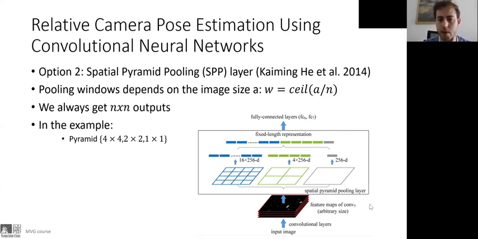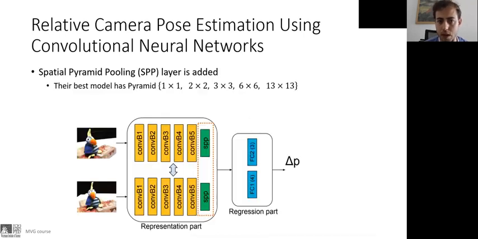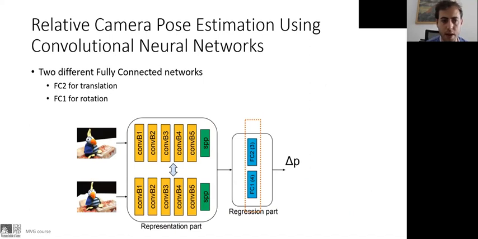And that way, it is possible to feed fully connected layers with a fixed number of inputs, no matter what the size of the images that we put into the network. Okay, and then they use 2 fully connected networks. One of them calculates the translation, and one of them calculates the rotation. Okay, so that's what they use.